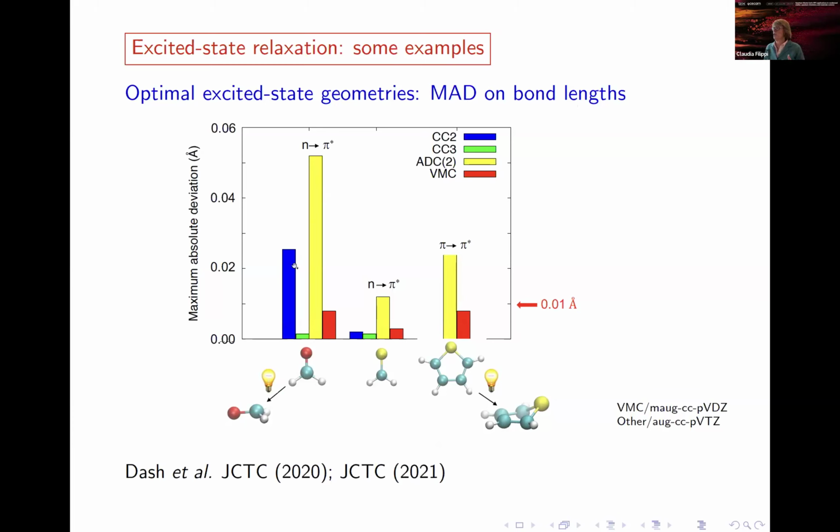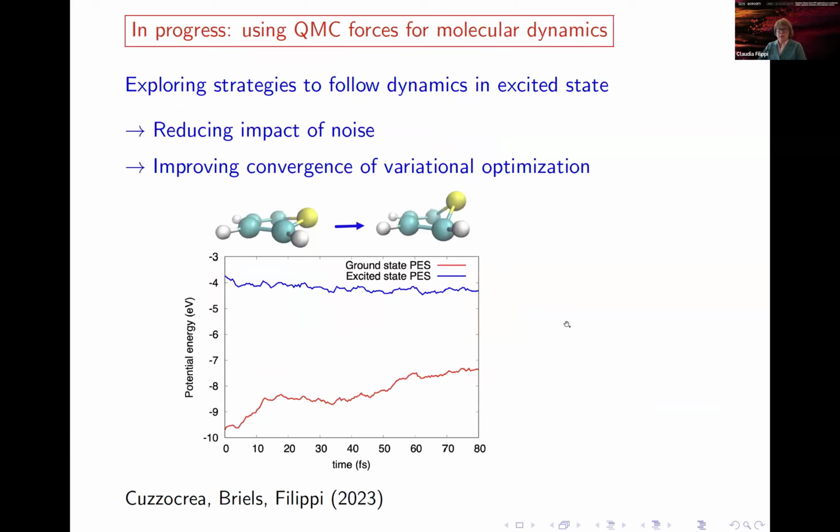CC2, ADC2 are sometimes used in the literature. CC3, we could do it for the smaller system, is in green. And Quantum Monte Carlo is always quite accurate. I mean, this is variational Monte Carlo, and the error is less than 0.01 angstrom, which I would say is pretty good, okay? At the moment, we are looking at whether we can do any photochemistry.